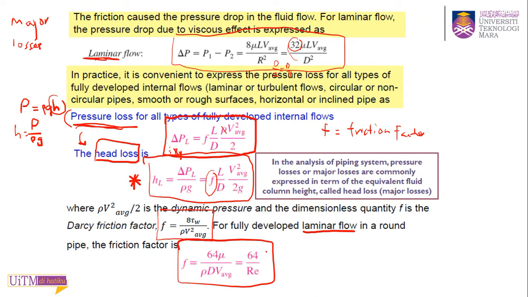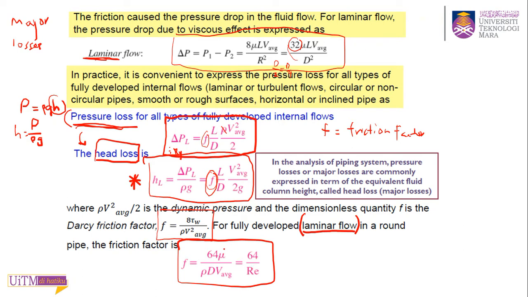It's just 64 over Reynolds number for laminar. We do not go into turbulence yet. When you want to calculate the head losses, you have to determine your friction factor, the Darcy friction factor, and this f for laminar is 64 over Reynolds number.